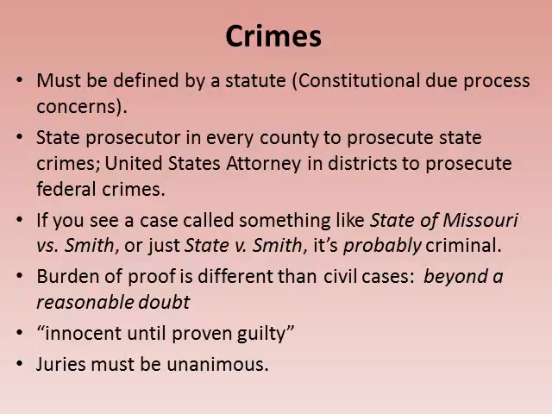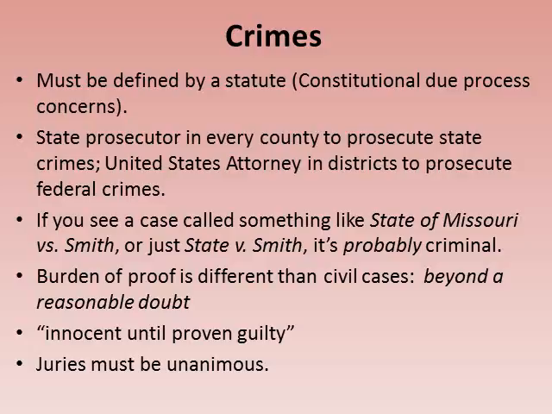Also, in a criminal case, in order to have a conviction, juries must be unanimous. States vary on this in civil cases. A lot of times you don't have to have all 12 jurors. Maybe 9 of the 12 would be enough to render a verdict in a civil case. Just depends on the state rules. But in a criminal case, a jury must be unanimous. And so not only are we going beyond a reasonable doubt, but you have to convince all 12 jurors that this crime actually occurred.